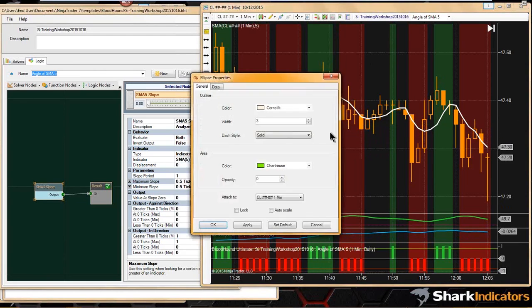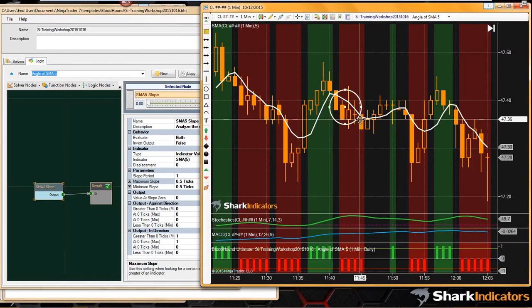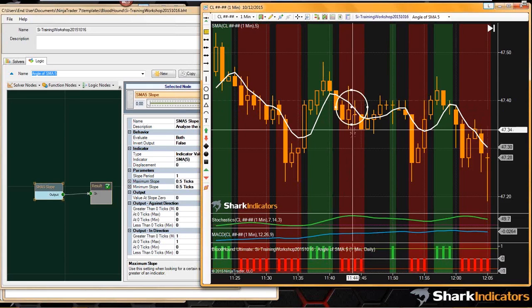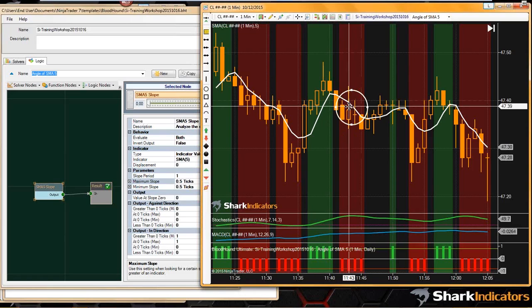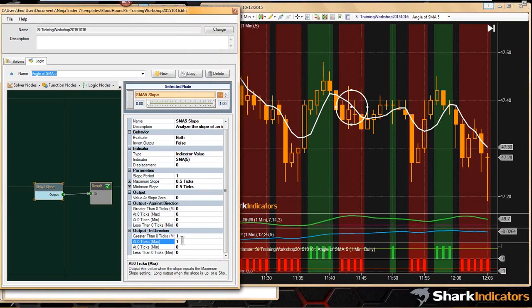When the SMA is sloping down, we get a short output. So if you want to find a very specific slope, we can do that.